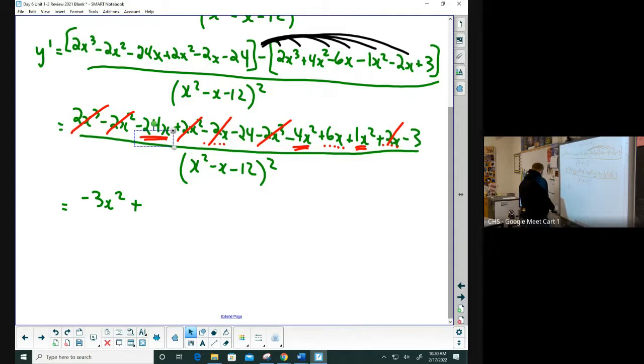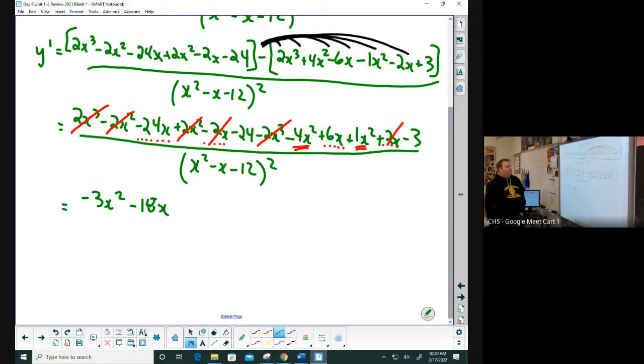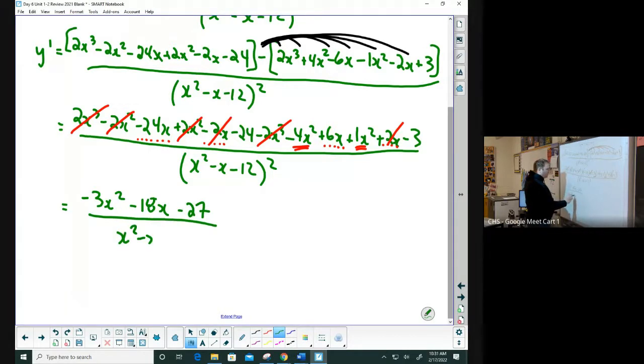Okay, I got a 24, a minus 24, and a plus 6. That's going to be a minus 18x. Then I've got the minus 24 and the minus 3, that's minus 27, all over x squared minus x minus 12 squared.